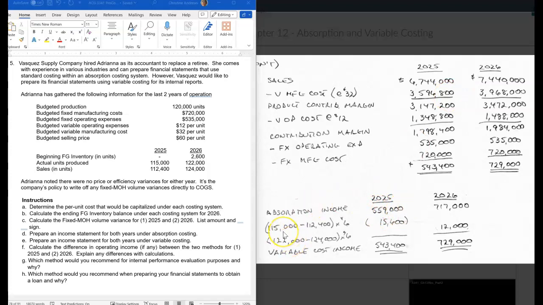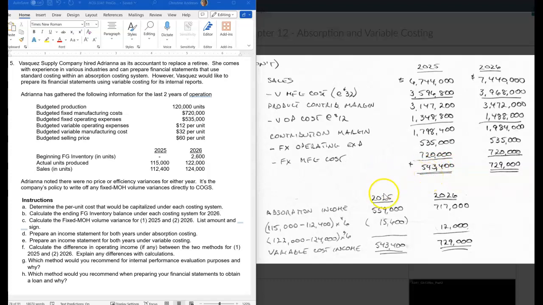We produced 115,000 and sold 112,000, so that's $15,600. I might add something different here, so I'm going to stop right here and come back to this in another video. The difference between the two is just going to be the change in inventory times the fixed manufacturing overhead per unit.